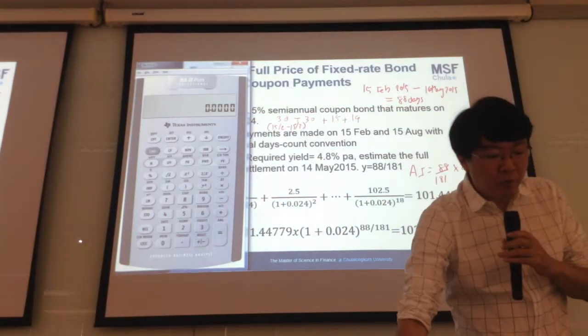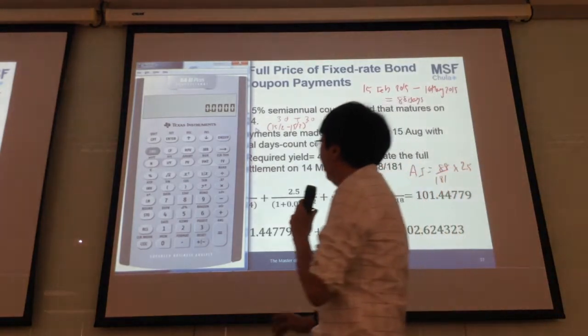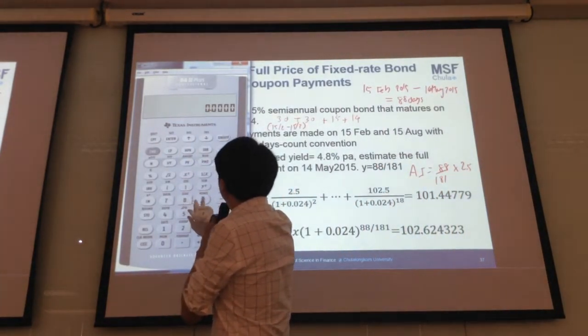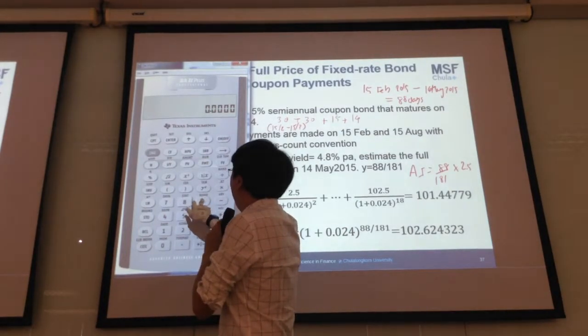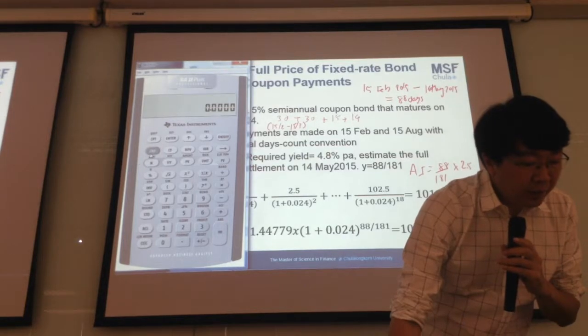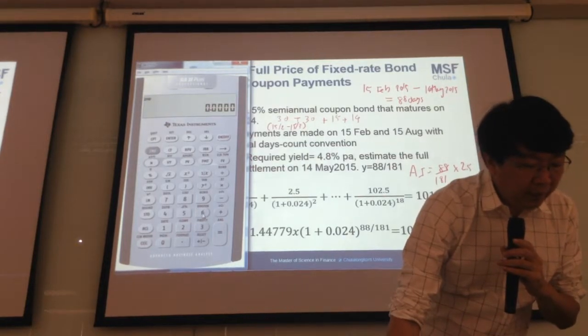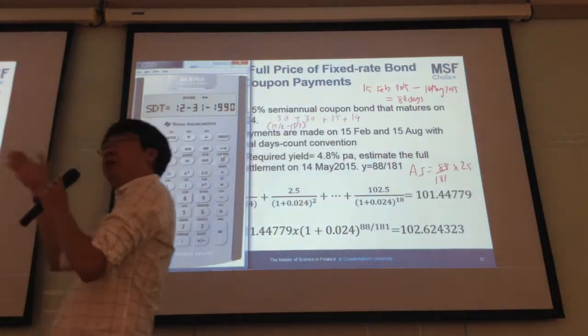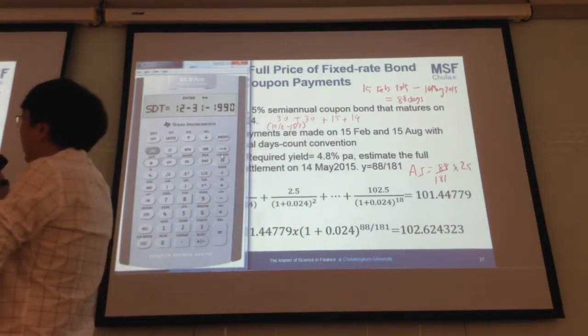Consult the manual if you want to use this. For the Texas Instrument, just press the second and bond. Okay, you have to put the format correctly about the date.